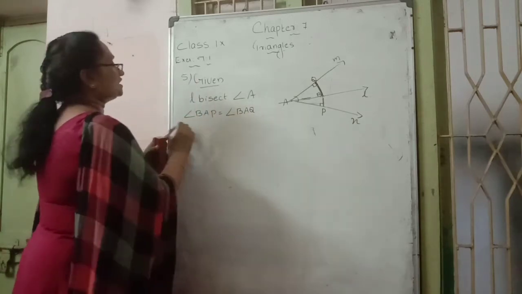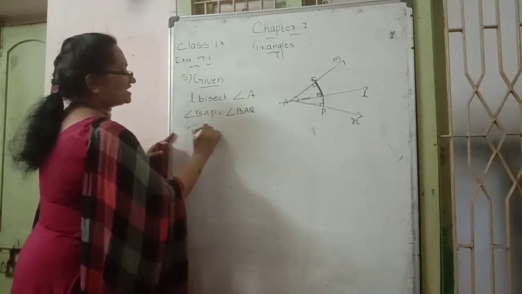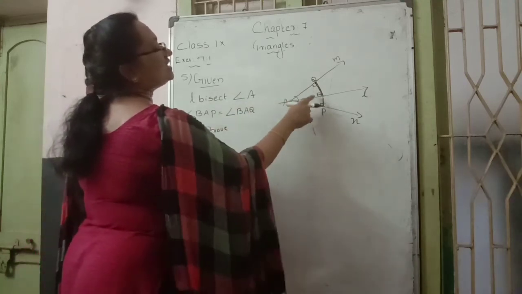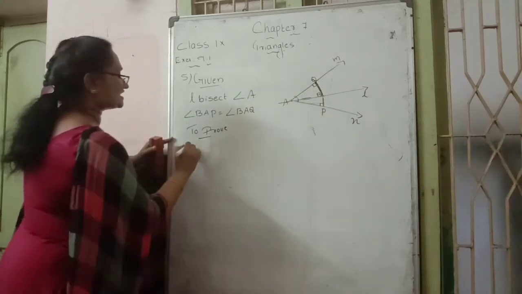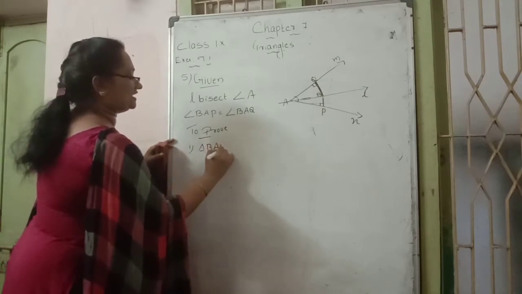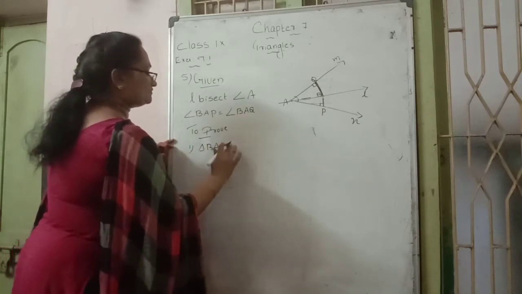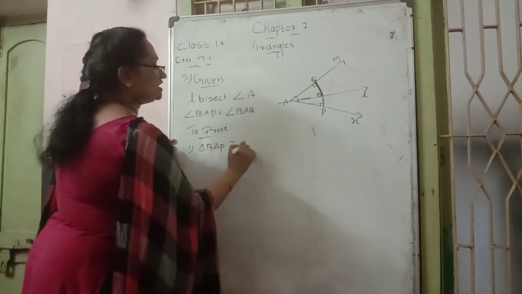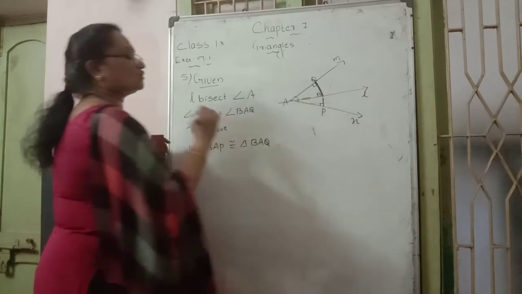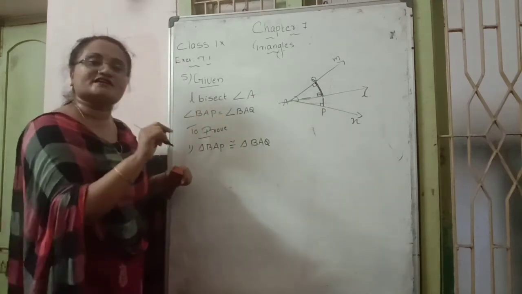Next, to prove what they ask, they form two triangles, and the two triangles are equal. First condition: triangle BAP is congruent to triangle BAQ. These two triangles are congruent.